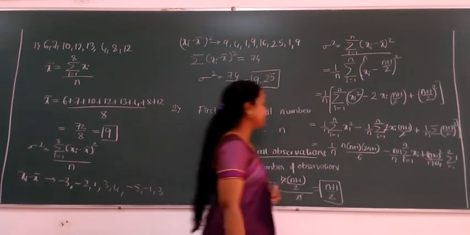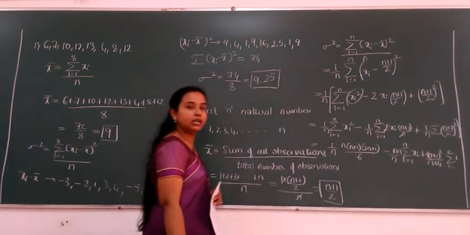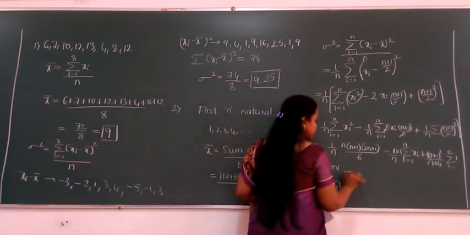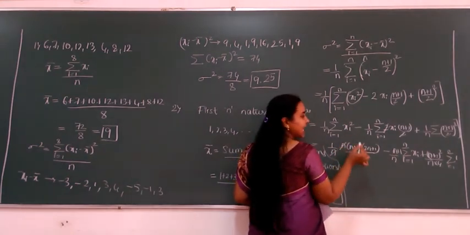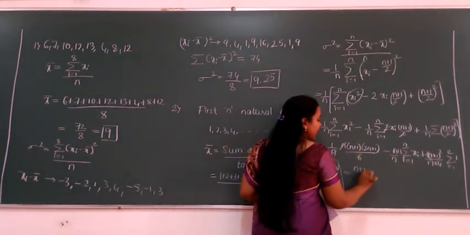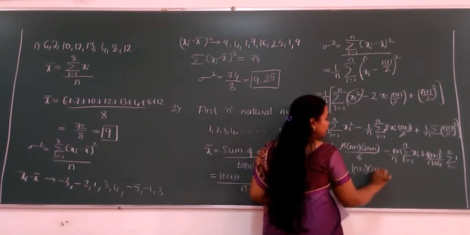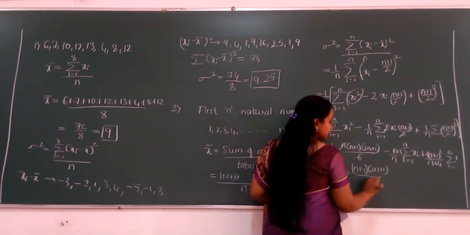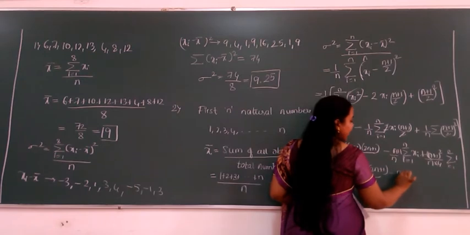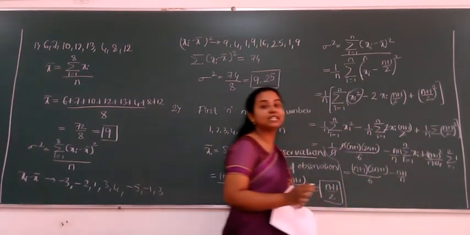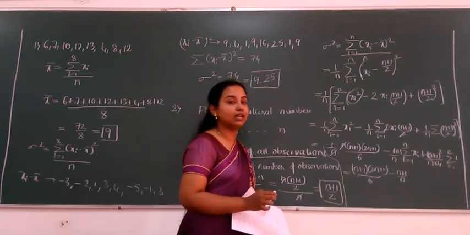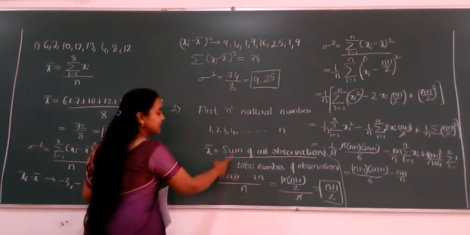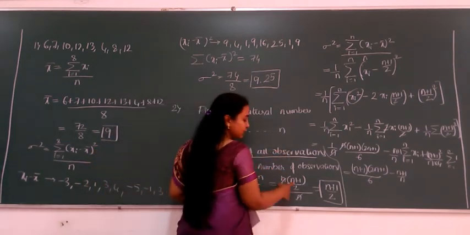So this is the simplified step for your above expression, which is again equal to n and n will get cancelled. What does it remain? n plus 1 into 2n plus 1 by 6, minus n plus 1 by n as it is, again summation of xi. That is, if you add all the xi's from 1 to n, what is the sum? Here we have considered C, the sum of all the observations.